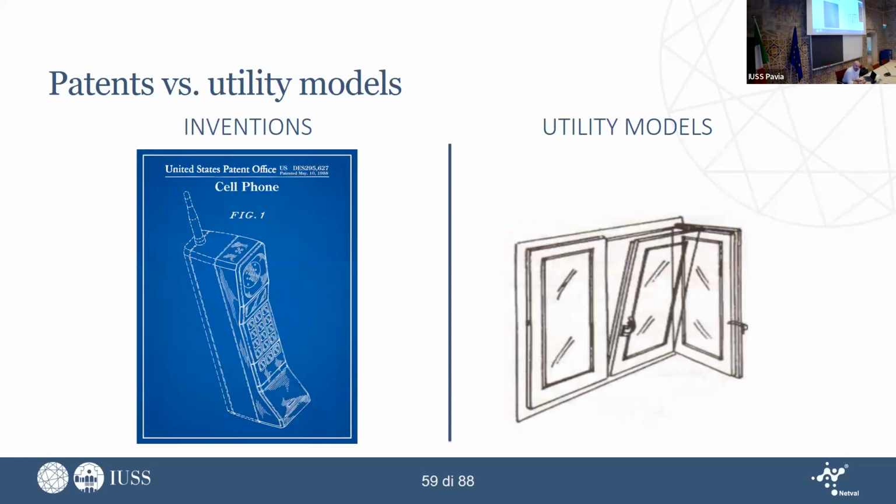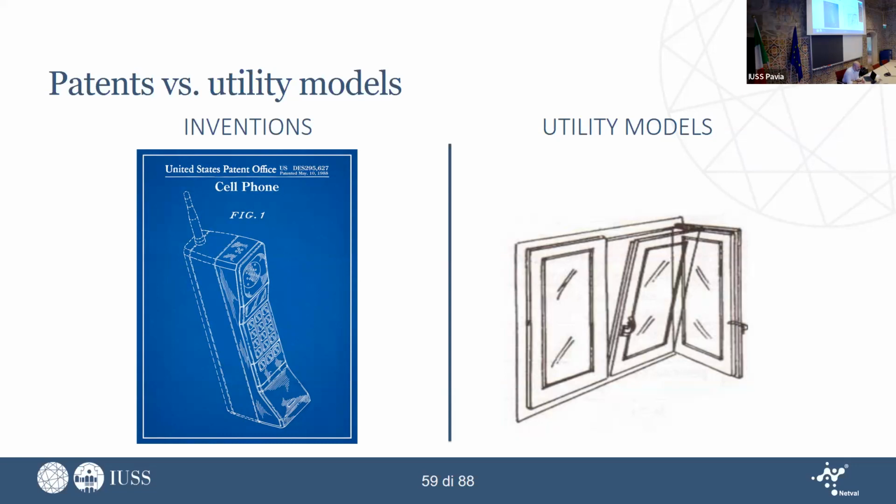A concrete example. This is the patent for the first cell phone. It met some requirements. The novelty, there was no other mobile phone. The inventive step, it was not obvious. The industrial application, of course, we have a cell phone. The lawfulness, it was lawful to create and to use a cell phone. And a sufficient description. On the other side, for utility models, this is a particular window.